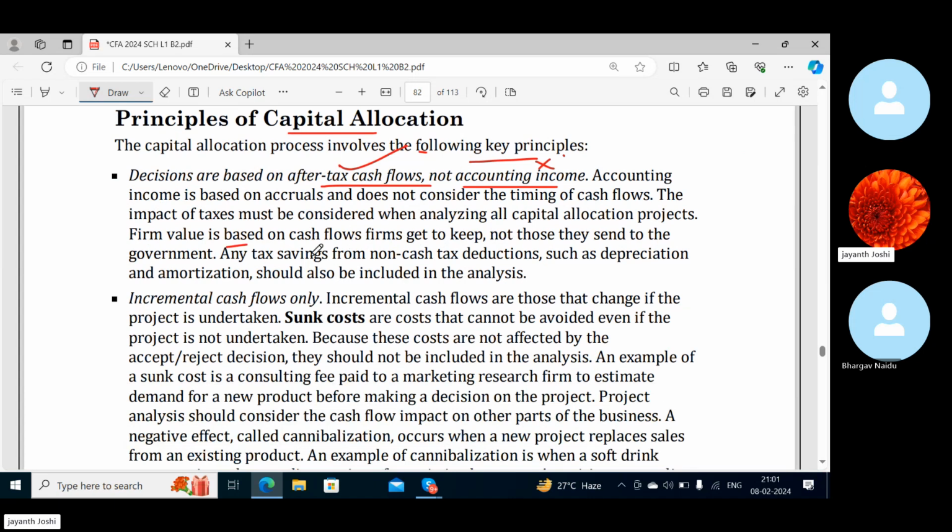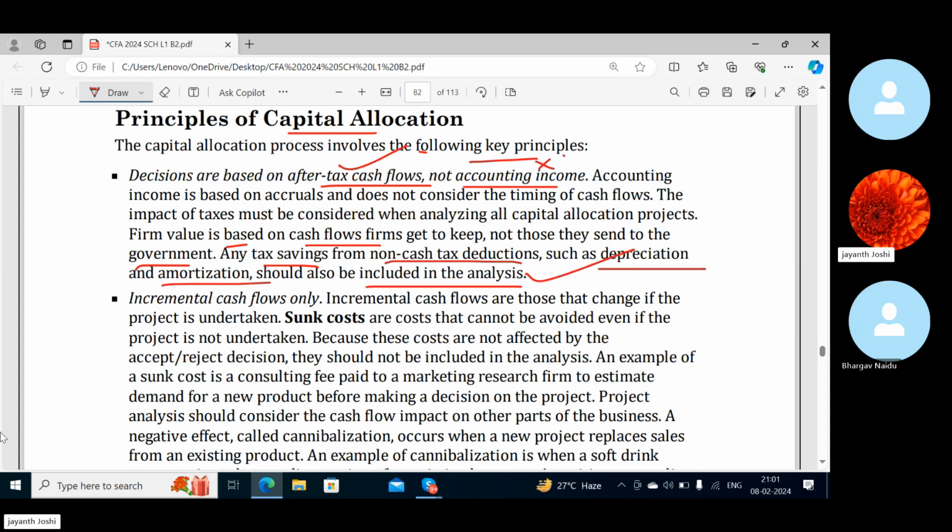And firm value is based on the cash flows firms get to keep, not those they send to the government. Any tax savings can happen when you claim deductions from non-cash deductions such as depreciation and amortization, and these should also be included in the analysis.